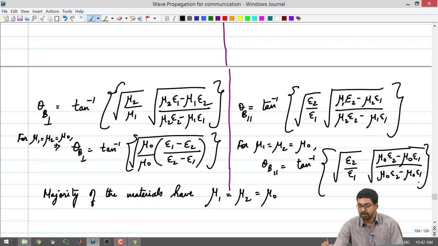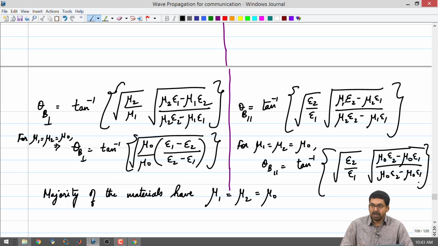So, that ratio becomes 1. So, I have tan inverse of square root of epsilon 2 by epsilon 1. In the majority of materials you could have epsilon 2 different than epsilon 1. So, theta b parallel is tan inverse of square root of epsilon 2 by epsilon 1.